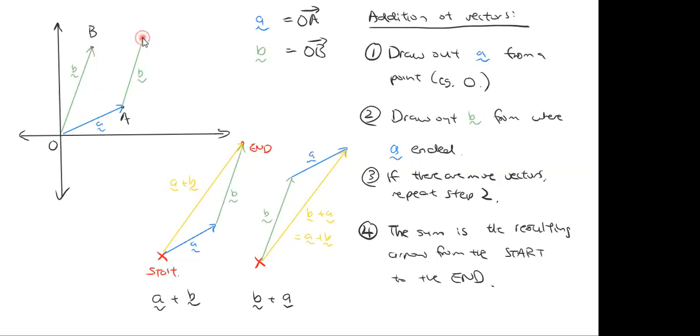This is not point B, but the vector doesn't care where it is. It only cares about the length, and it is the same length, or should be, and the direction is the same. So that green vector here is the same as that green vector there. Different place, doesn't matter. Same length, same direction is all that matters. So that is vector B, which means that if I go from the start to the end, that is A plus B.